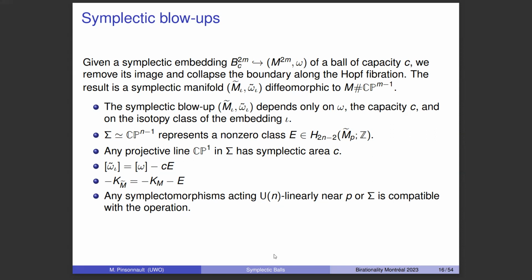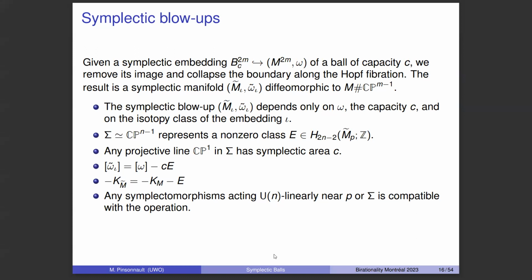If you think of this as a surgery, then you realize that once you have an embedding of a ball, it's meaningful to talk about symplectomorphism whose restriction to the ball is acting like a U(n), a unitary transformation, because you just put it back to R^2n. So it makes sense to talk about what is acting linearly on the ball itself. And you can always extend slightly any ball, make it a little bit larger, and you can talk about what it means for a symplectomorphism to act U(n)-linearly near your ball.